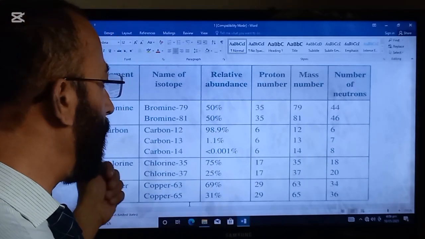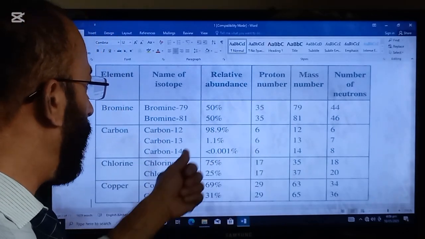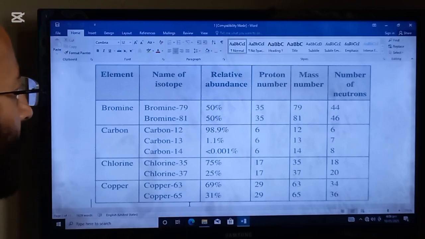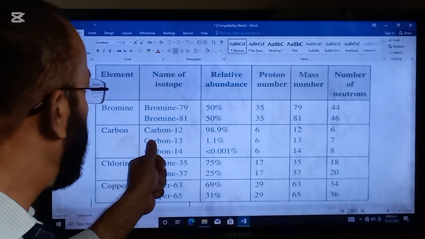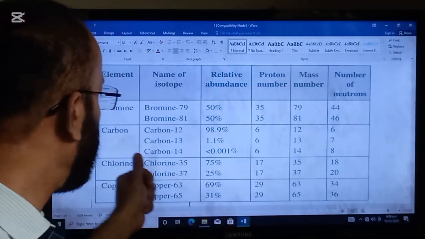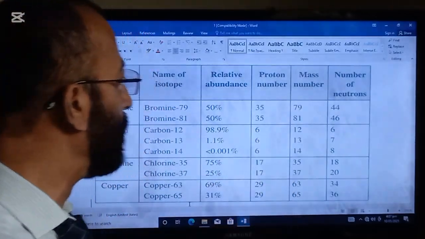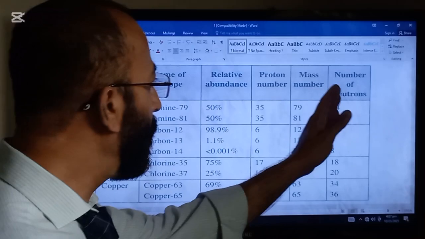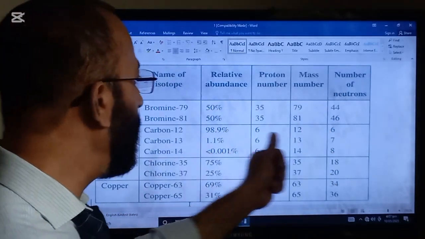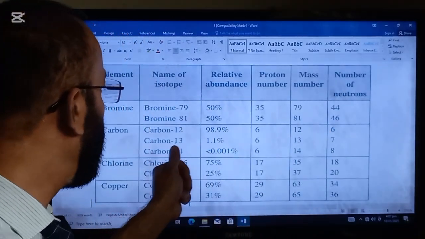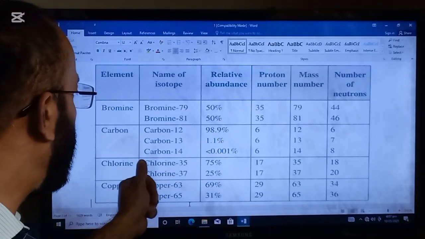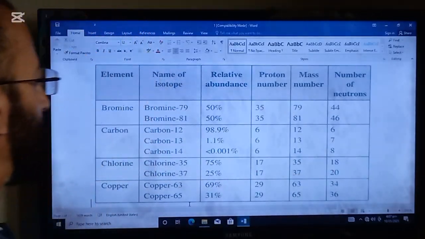Proton number is the same, that is 6, for all three isotopes. Mass numbers are 12, 13 and 14. Number of neutrons: carbon 12 has 6, carbon 13 has 7 and carbon 14 has 8.